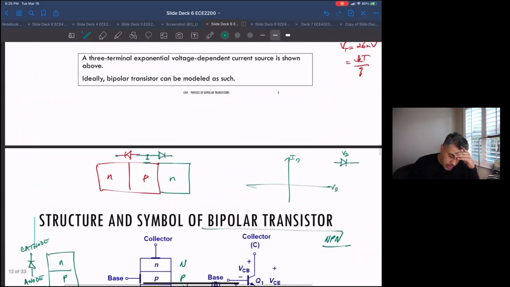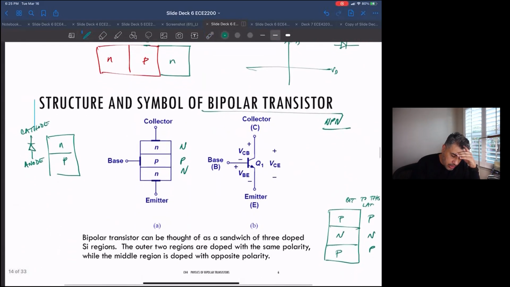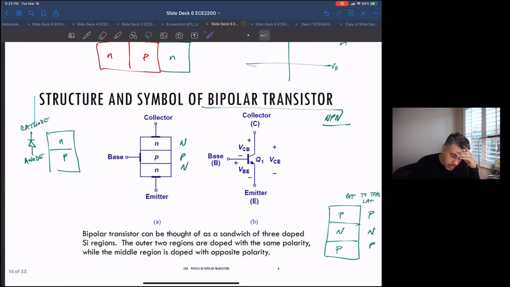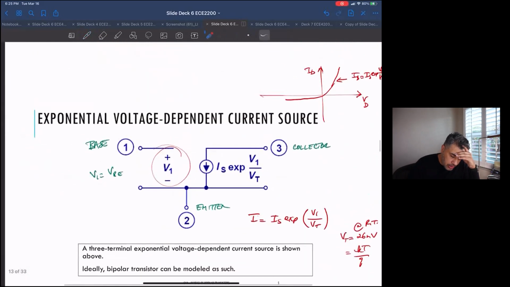And the collector base voltage would be the difference between these two points. Okay, the base collector voltage.